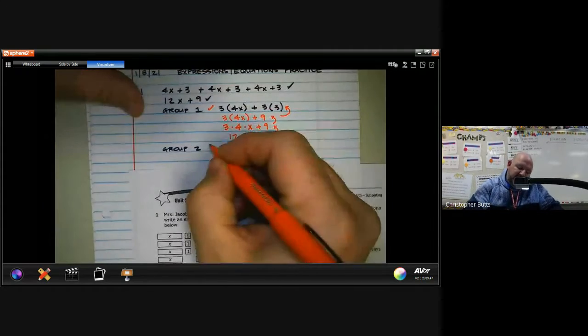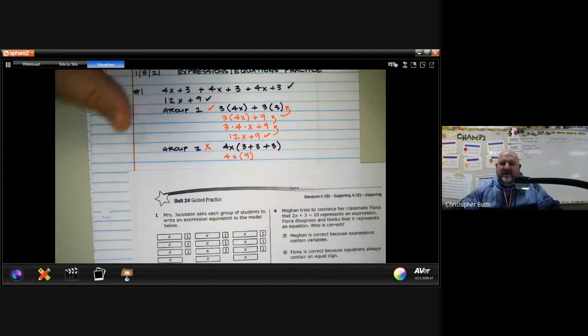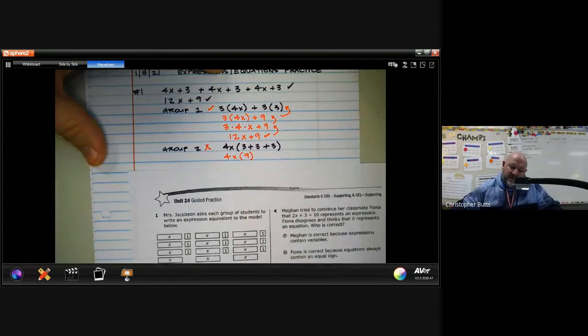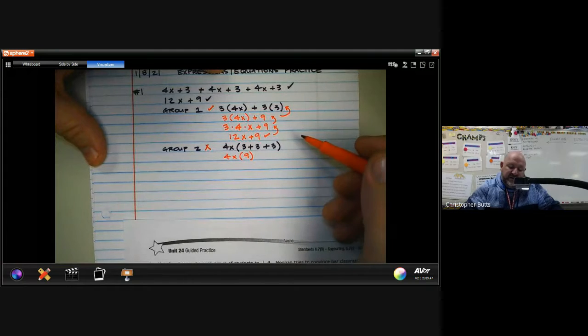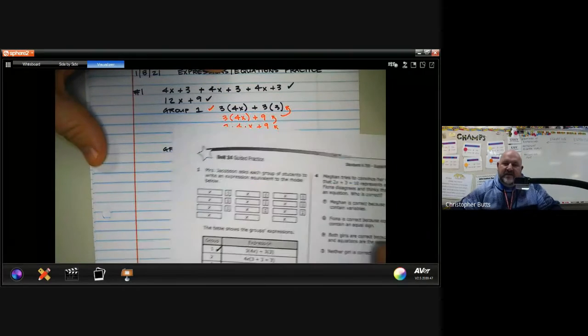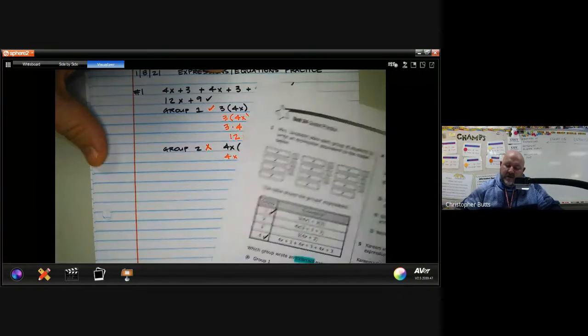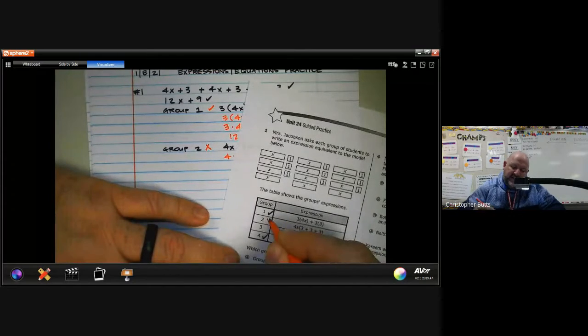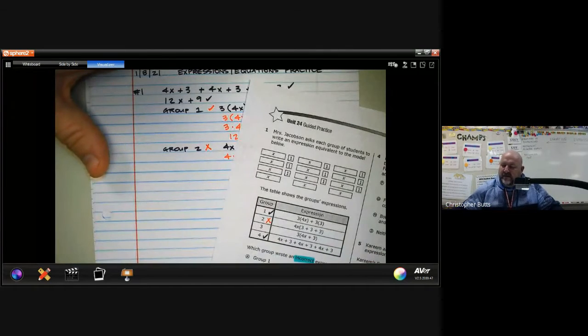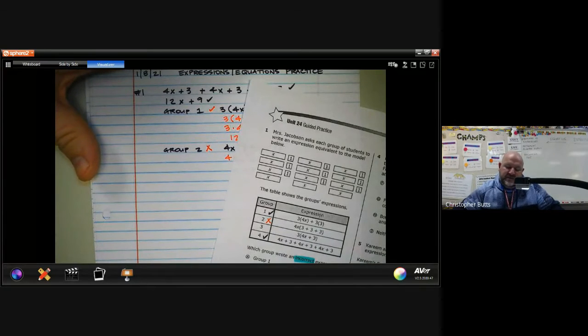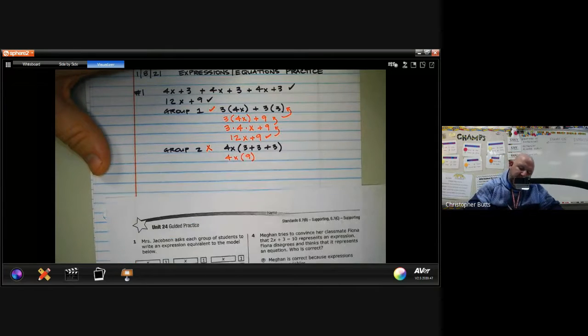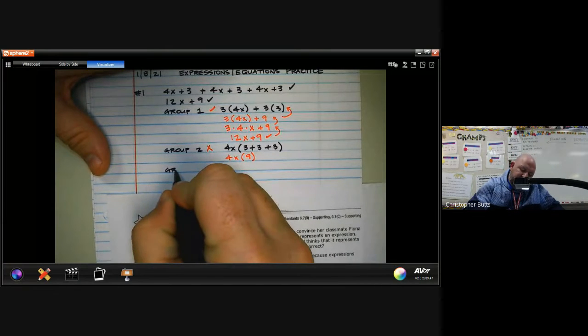So I think we can see that group 2 is not giving us an expression that's equivalent to what we see in this picture, okay? So for right now, I don't think group 2 is doing a good job of creating an expression that matches the picture. So let's look at the last one, and this is group 3's.